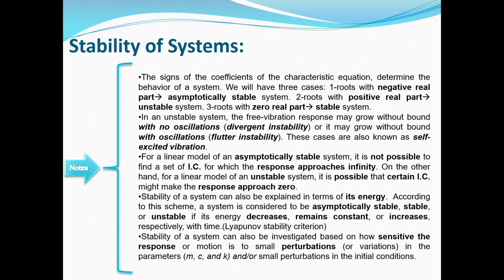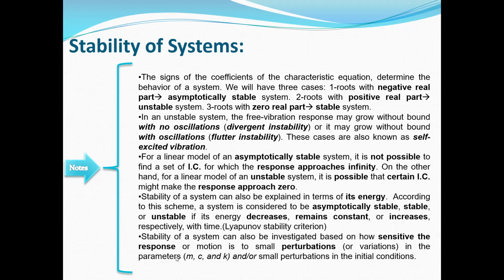And finally, stability of a system can also be investigated based on how sensitive the response or motion is to small perturbations. These perturbations or variations can be applied to the mass, to the damping, and to the stiffness of the system. You can investigate the behavior of the structure versus applying a small perturbation.